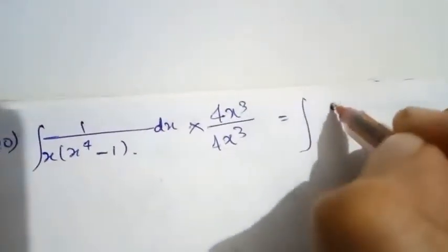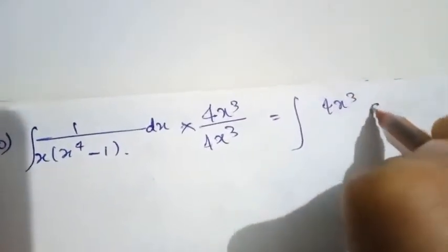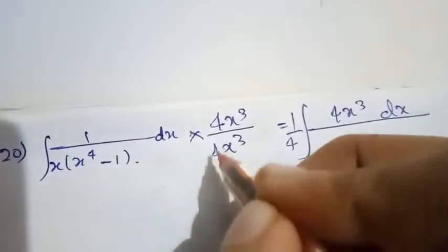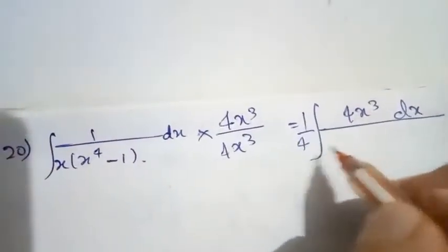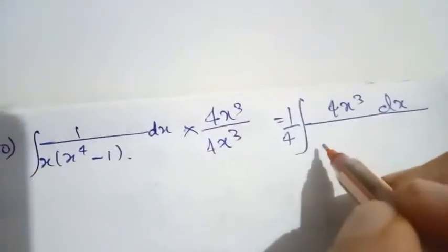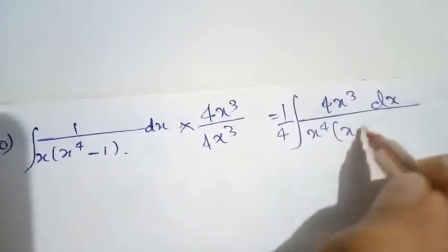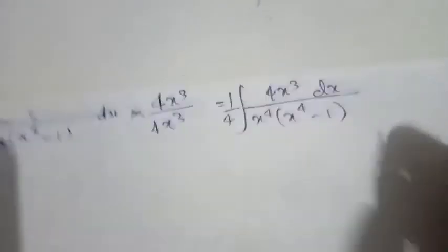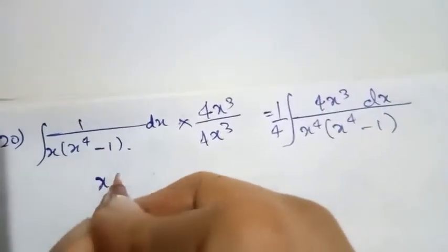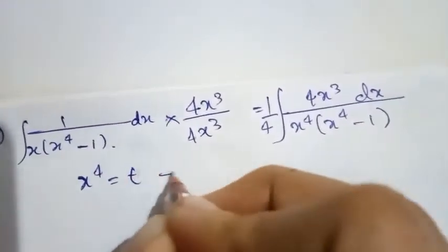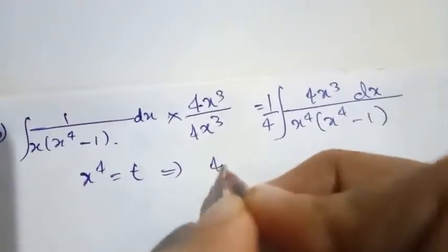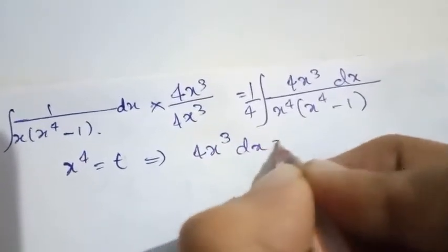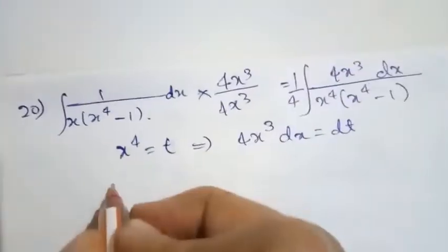So 4x cube dx, and the 4 which is in the denominator I have taken outside, that becomes 1 by 4. X cube into x becomes x power 4 into (x power 4 minus 1). By looking at this, I hope you might get the idea. That is, take x power 4 is equal to t. Differentiating with respect to x, we get 4x cube dx is equal to dt.